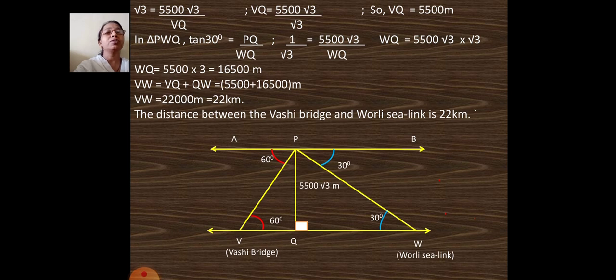Now children, you have both values, VQ and WQ. Let us add them to get the total distance between the two bridges. VW is equal to VQ plus QW, 5500 plus 16,500, so that is equal to 22,000 meters. Convert them into kilometers, for that divide by 1000, so that is equal to 22 kilometers. In this way the distance between Vashi Bridge and Worli Sea Link is 22 kilometers.